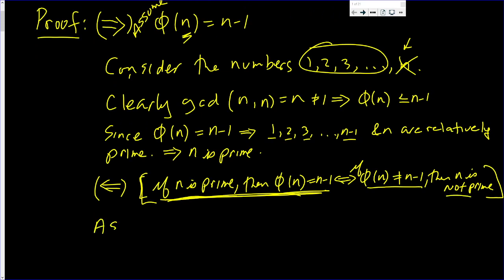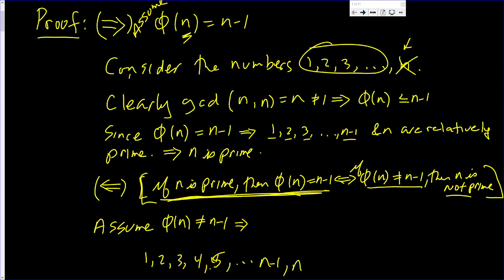Okay, so assume phi of n is not equal to n minus 1. Well, phi of n can only be n minus 1 or less, because you only have up to n numbers that might be relatively prime with n. And it certainly isn't n.